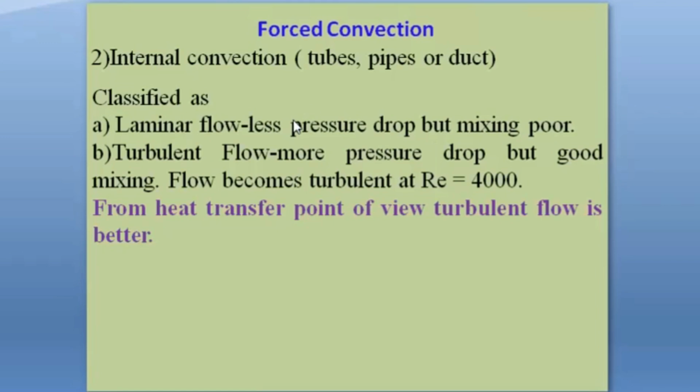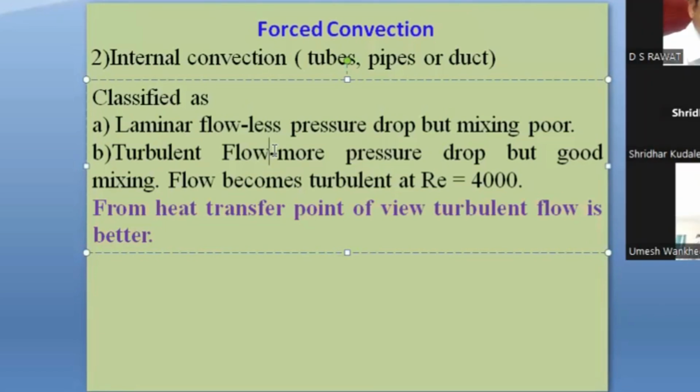It is either laminar or turbulent based on the Reynolds number. Like I told, if the Reynolds number is less than 2300, flow is laminar, and it is turbulent if the Reynolds number is more than 4000.